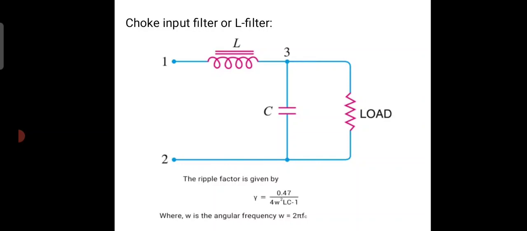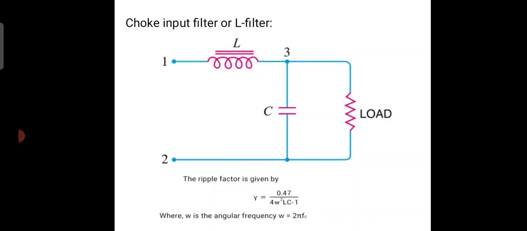Hence, at the point 3, as I had told initially, 1 and 2 are the inputs of the filtering circuit, and at 1 and 2 the output of a rectifier is going to be connected. As we know, a rectifier output has a pulsating signal, and the inductor L offers high opposition to the AC signal but passes the DC signal.